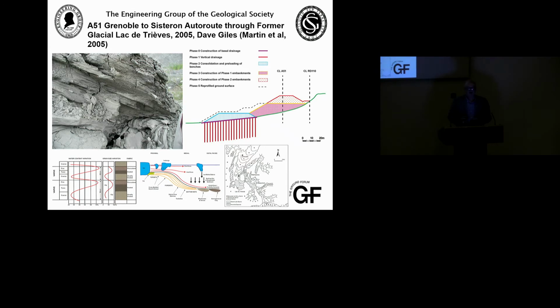I put a case study from down in the south of France in. This was the autoroute from Grenoble to Sisteron, which was crossing this glacial lake environment, and where that depositional model became extremely important. The variability of shallow water, of deep water, of near ice front, ice advancing, ice retreating, giving a whole variety of different geotechnical materials which were highly significant in the design of the embankments.